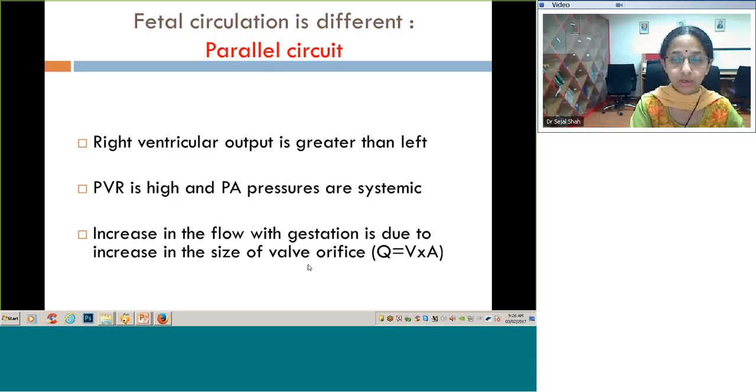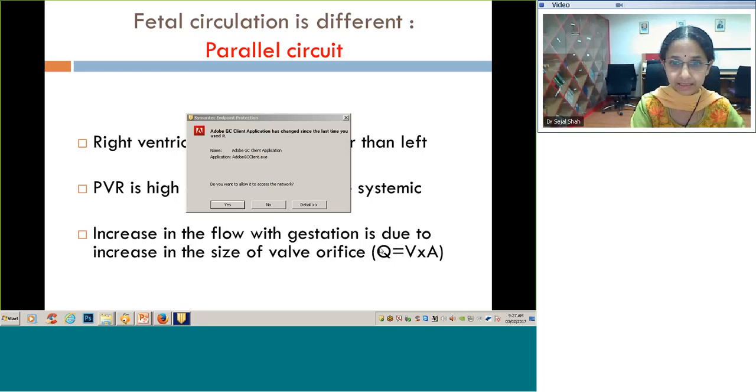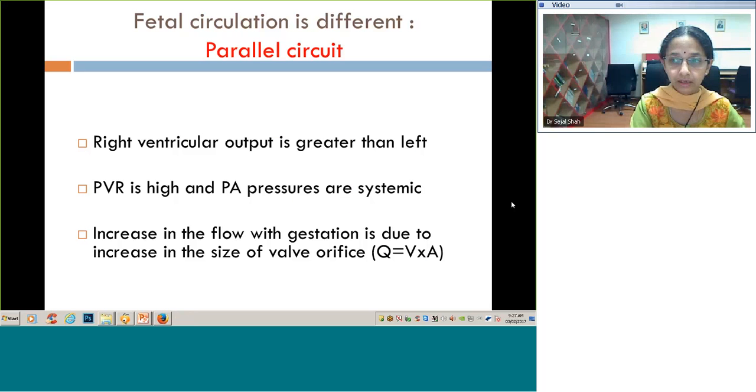As we know, flow is equal to velocity times area, and velocity reasonably remains constant, whereas the size of the valve orifice increases, which causes the flow to increase because of the change in the area.